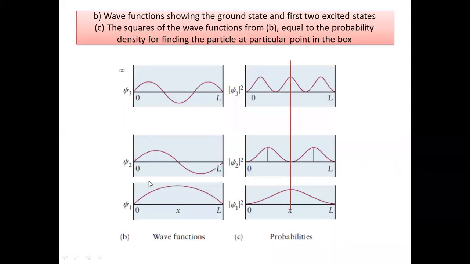So what is energy level 1? I am just going to further generalize and find out where the probability of finding the electron is. This is the wave function we have already discussed in the previous lecture.